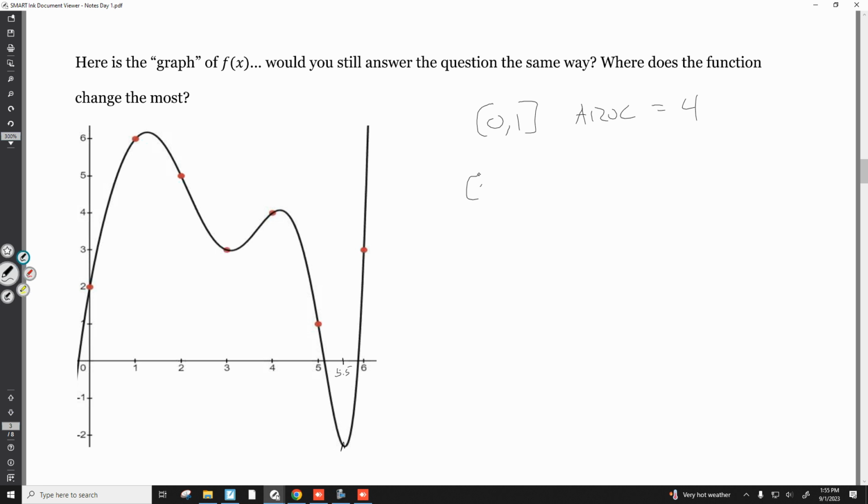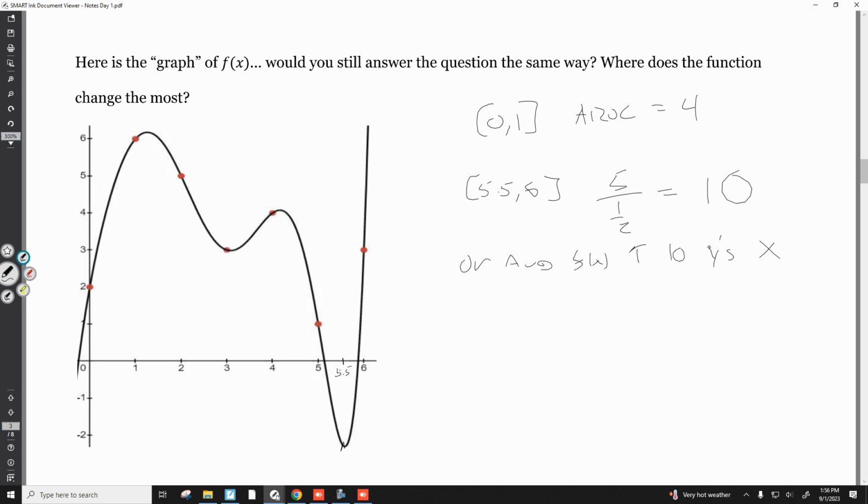If I looked at the average rate of change from 5.5 to 6, we are talking about a potential net change of going up 5 over a half. We are talking about an average rate of change of 10. We would say on average, my function is going up 10 y per x. Guys, this is why we say average rate of change.